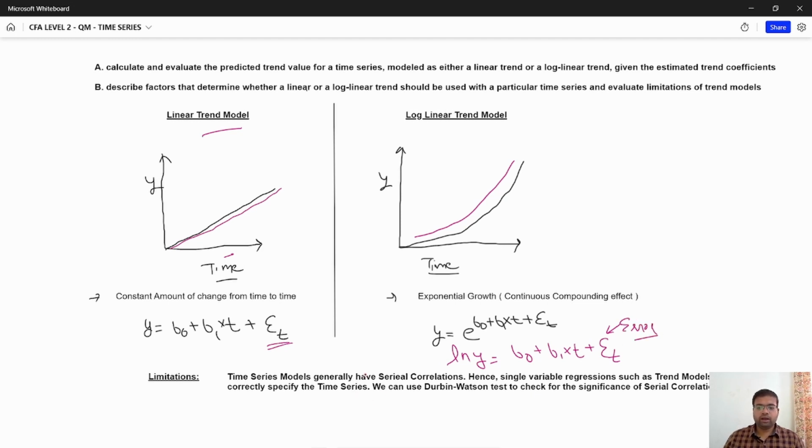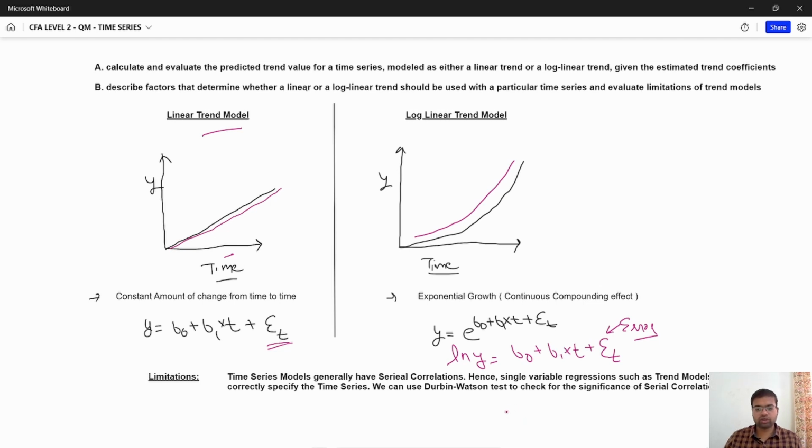And what are the limitations of the linear trend model and log linear trend model? Time series models generally have serial correlation, where the error in one particular time period is related to the error in the next time period. So single variable regressions such as trend models do not correctly specify the time series, and we can use the DW test to check for the significance of the serial correlation.